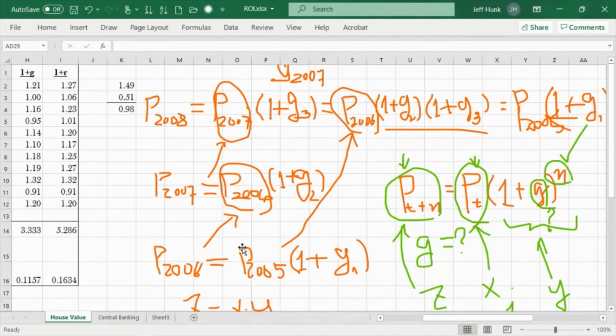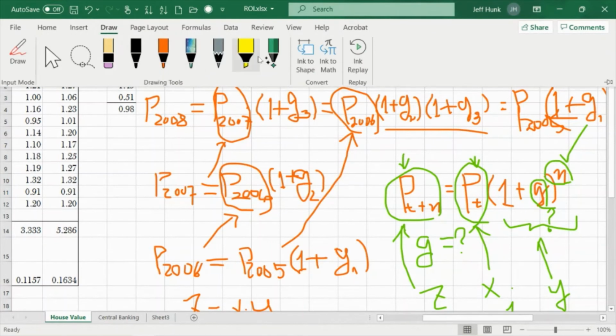Now, if you think about it, because the 2006 price is this, I can simply replace this by the definition of what 2006 is.